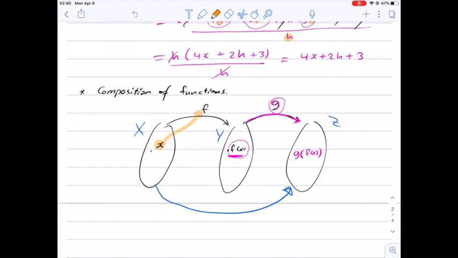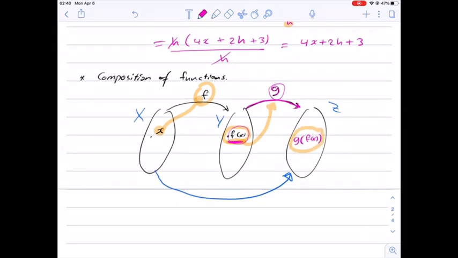So we first substitute x into the function f to get f of x, and then we substitute f of x into g of x to get g of f of x. This is the composition. So instead of doing all these steps, we start here.